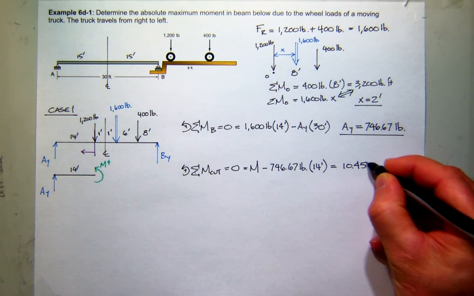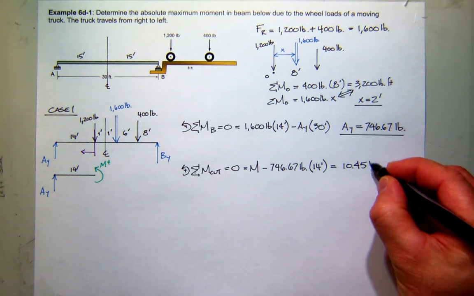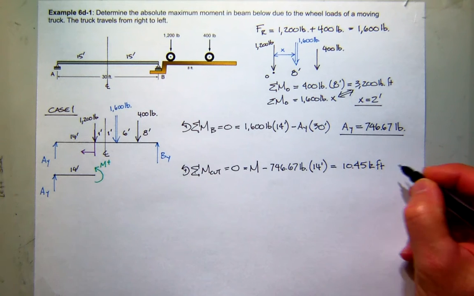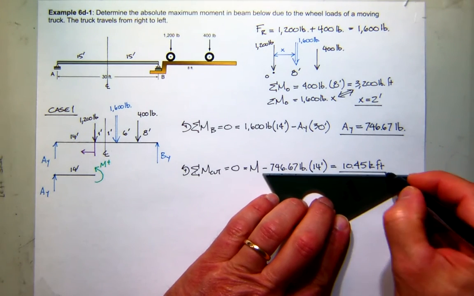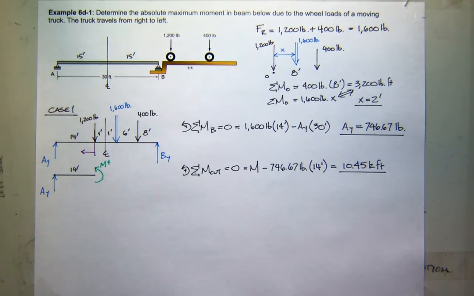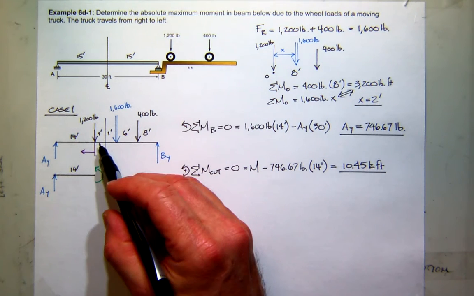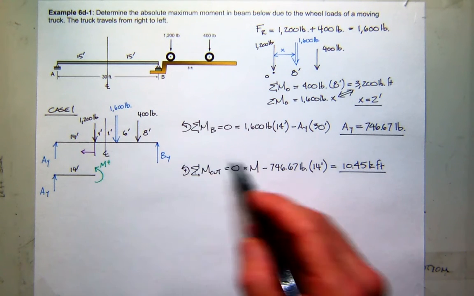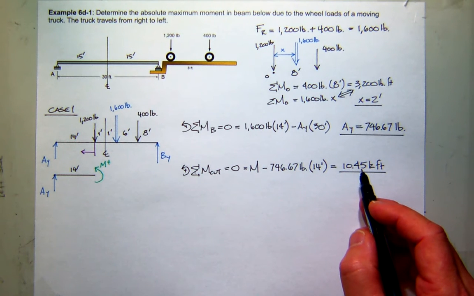That's close enough. That'll be kip feet. So I now know that at 14 feet from A, I have a 10.45 kip foot moment.